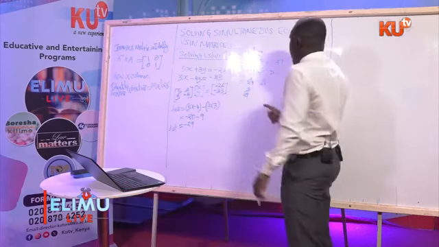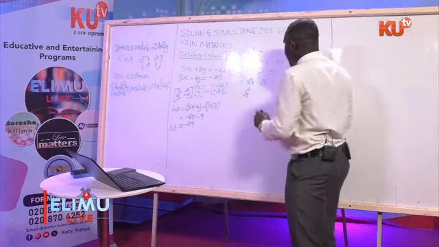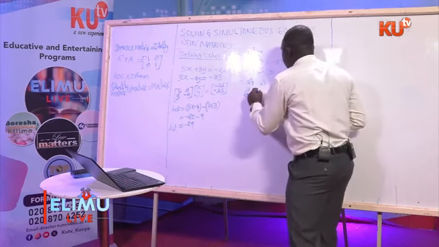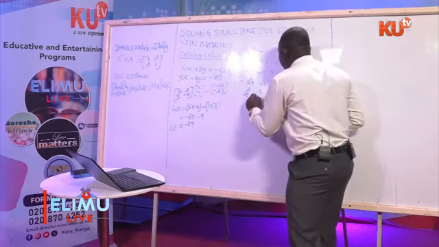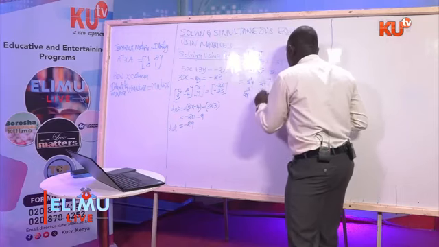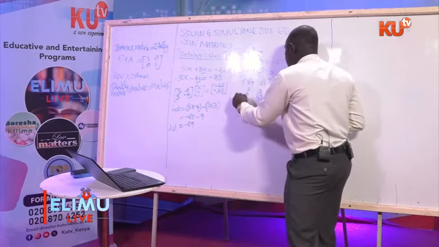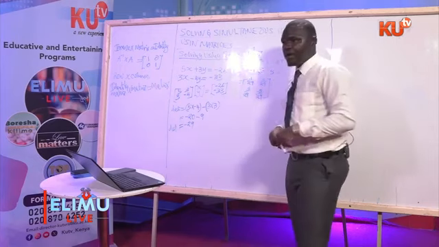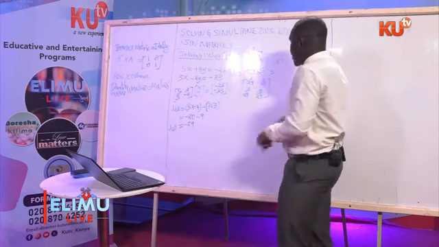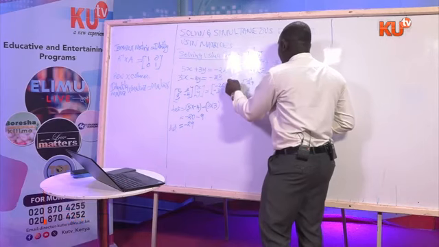Then at the bottom here, 1 over negative 29 times 5, that will become negative 5 over 29. Learners, be very keen, that is negative 5, because a negative number times a positive number becomes a negative number. Now, this is still our inverse.